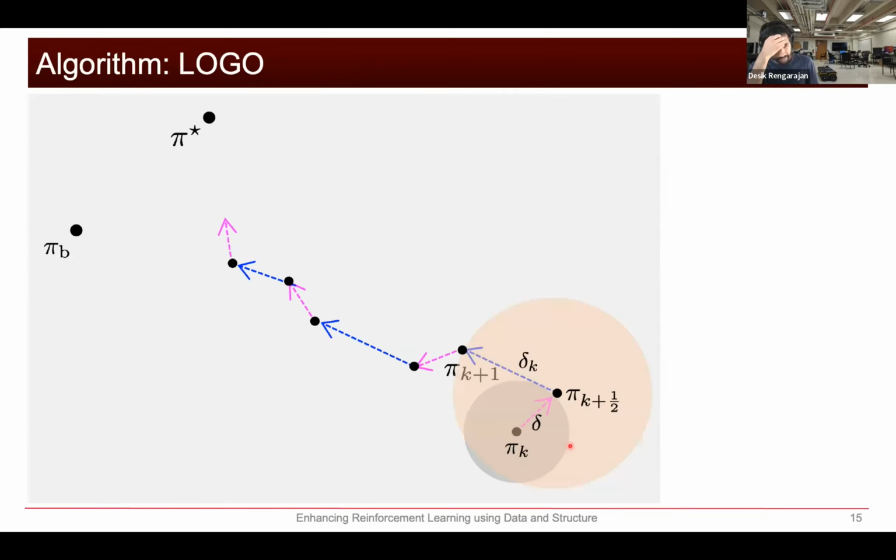So this diagram summarizes what our algorithm does. I'll go over this diagram because it explains the intuition with which we work with our algorithm. Suppose we start at some iteration with our policy pi k. First we do a policy improvement step, which is done using the rewards from the environment.